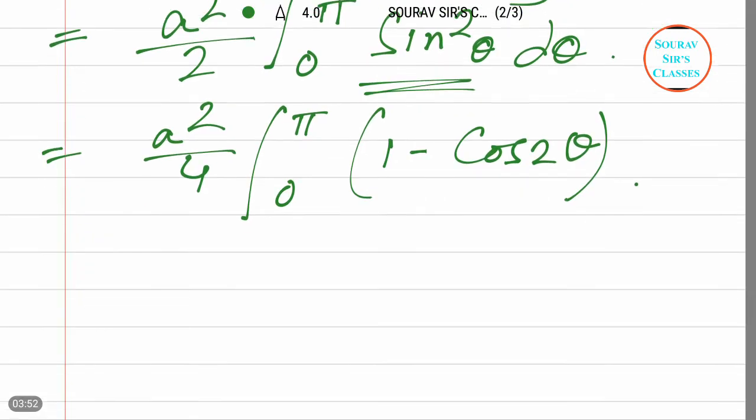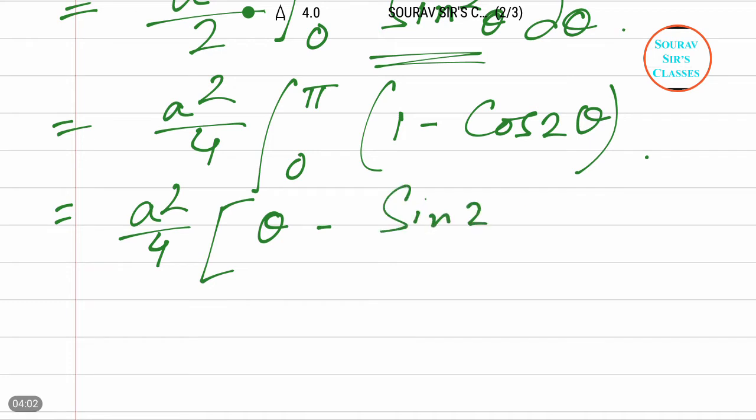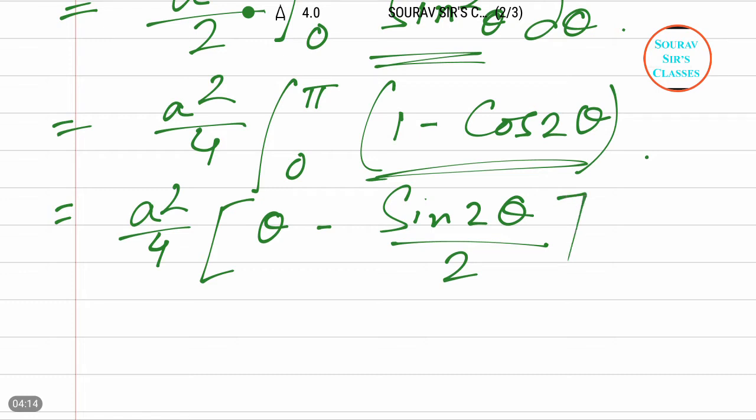Now again we will write it as a square by 4 and theta minus sine 2 theta by 2. So now here we have integrated this part, and here we will put the limits, that is pi and 0.